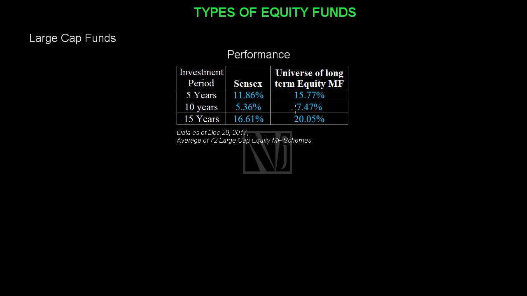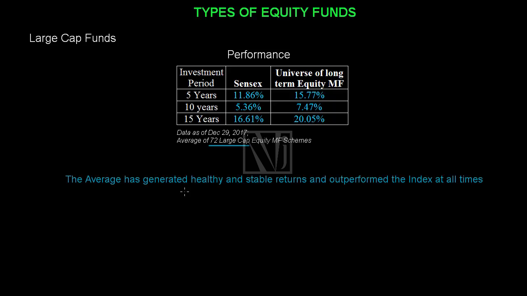And as we can deduce from the table, large cap funds have been beating the Sensex comfortably over the medium term as well as the long term. And this is the average of 72 large cap equity mutual fund schemes operating in India. Yet, the average is still able to generate healthy and stable returns and has outperformed the index at all times.